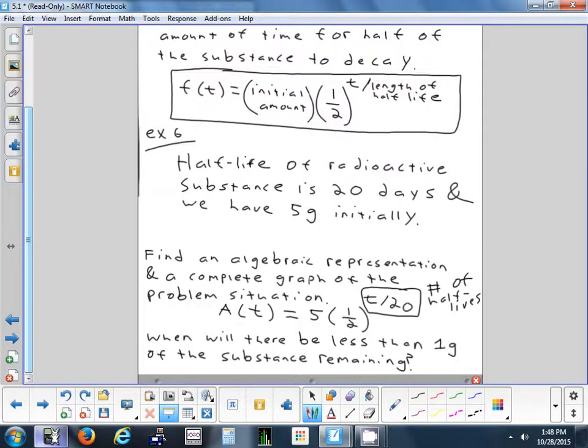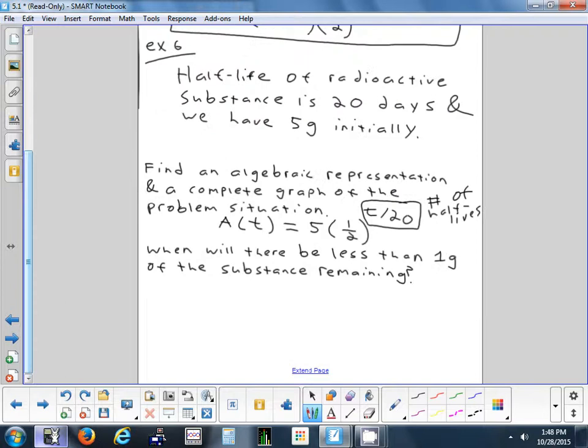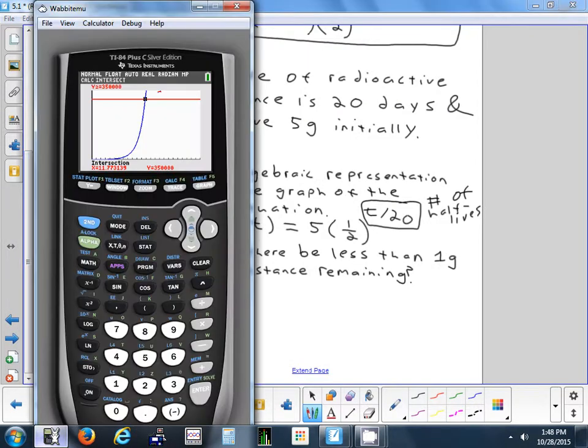Now I want to know, when is there less than a gram remaining? Let's graph 1 in y2. Put in 5 times 0.5 to the x over 20.